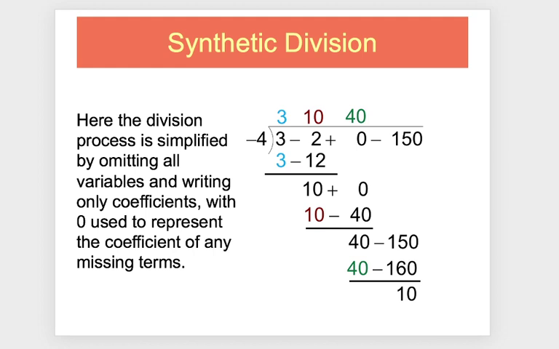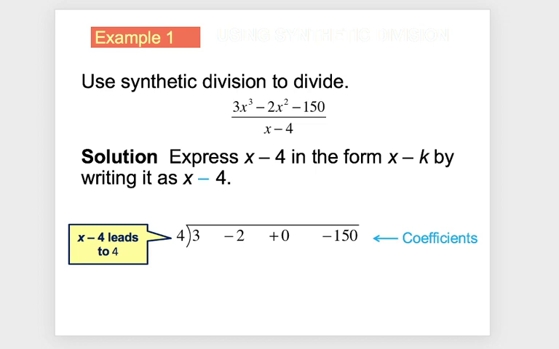Basically, we're going to represent everything that was in the numerator, but only the coefficient of the variable or the terms. So as an example, if we look, we have 4. That's our k value. I'm not writing negative 4. I'm going to use the value of k, because if it was x plus 4, then k would be negative.